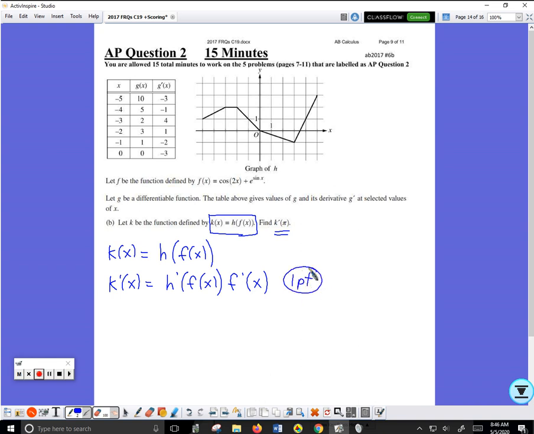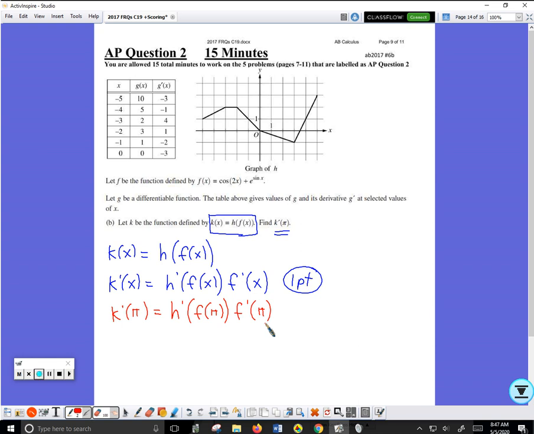Now I have to substitute pi for x. So I write on my paper, k prime of pi must equal h prime of f of pi, f prime of pi. I cannot stop there. I've got to resolve all the function references.